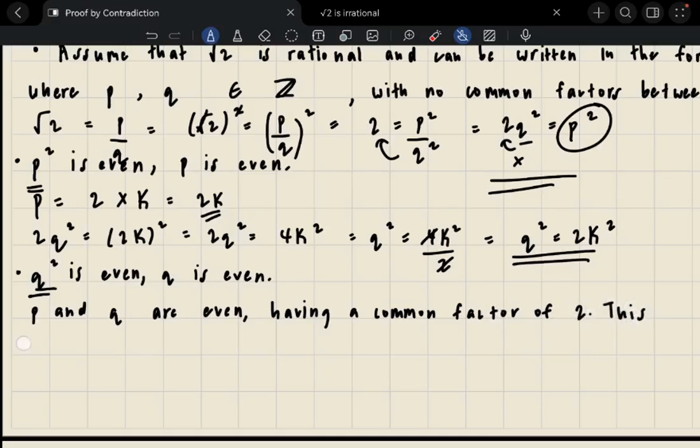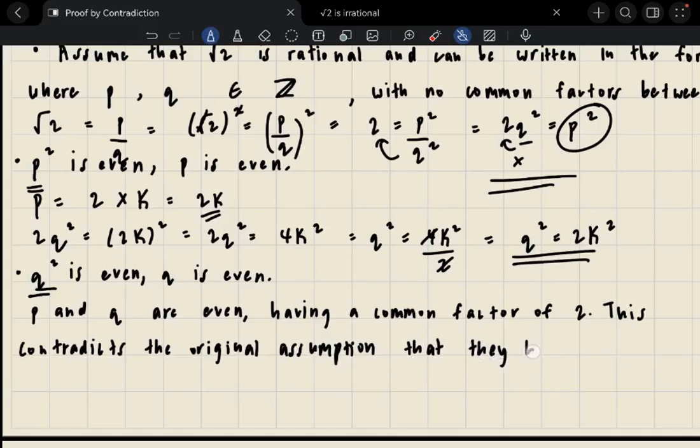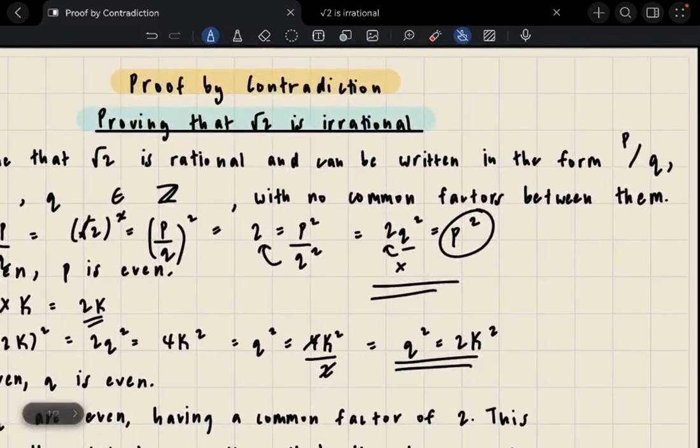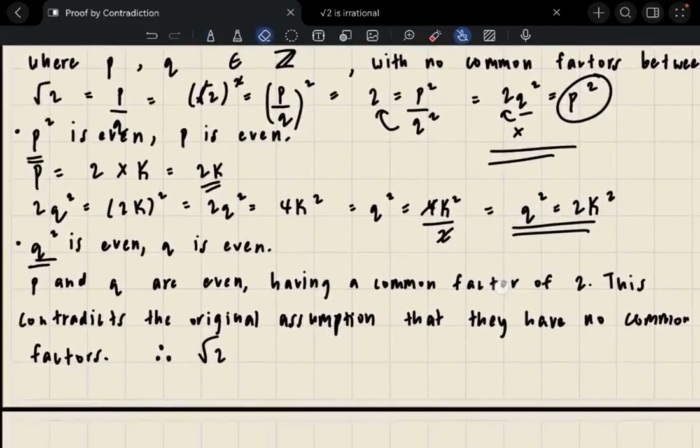This contradicts the original assumption that they have no common factors. And now, therefore, square root of 2 has to be irrational, right? Because it can't be written in this form. It cannot be written as p over q. So therefore, square root of 2 is irrational.